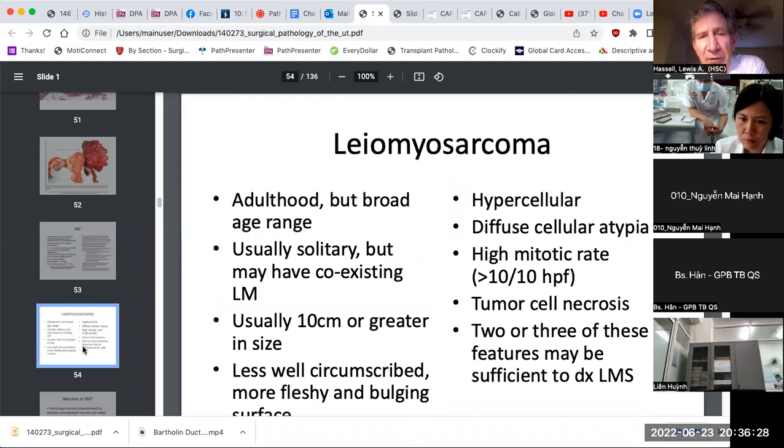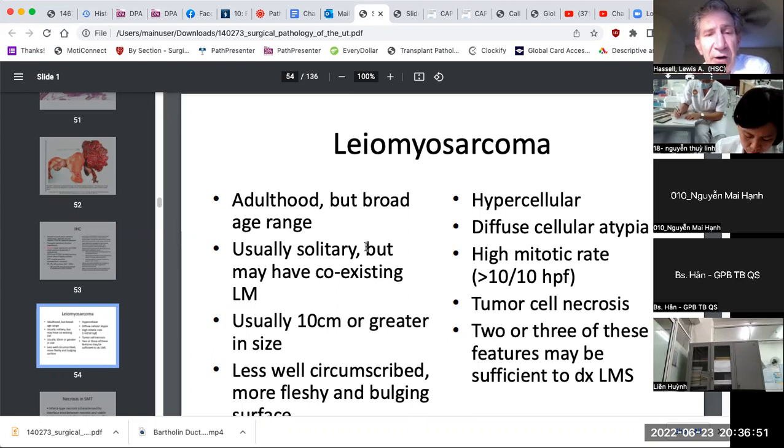So here we come, leiomyosarcoma. We'll take some of the rest of the time here to talk about this. So this is usually a tumor in adults, but it can happen fairly early in adulthood. The myxoid leiomyosarcoma I mentioned before happened in a 35-year-old.